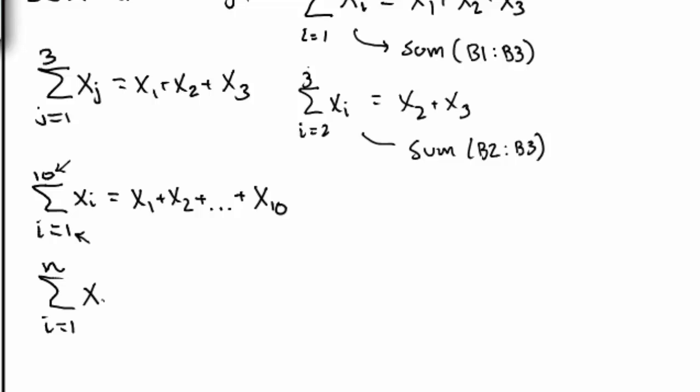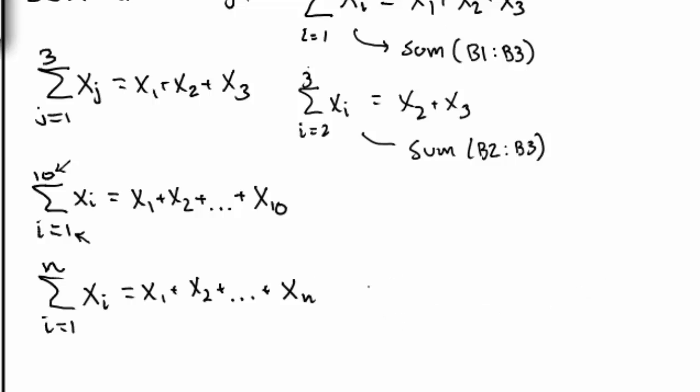That then just means x1 plus x2 plus, keep on going all the way until you hit the nth x variable, whatever n is. If n happens to be 10, we have exactly the sum above, but n can be any integer. So the summation i goes from 1 to n of xi is the sum of precisely n variables.